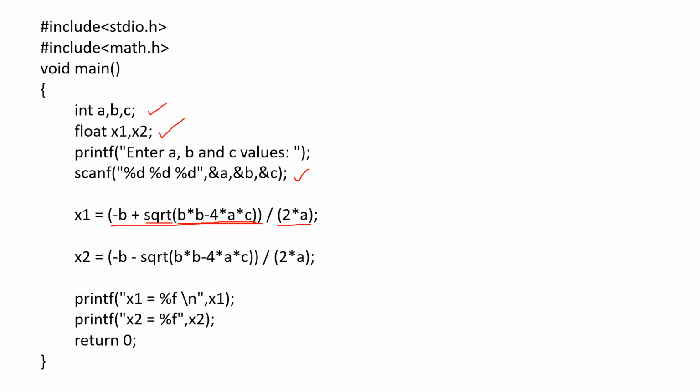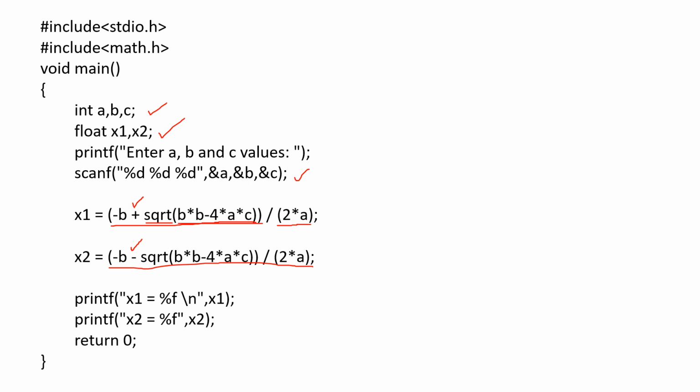In order to separate numerator and denominator, we have given parenthesis. This is one root, and for the second root the logic is the same. The only difference is here we have used plus for one root, here we have used minus for another root, and the rest of things are same.